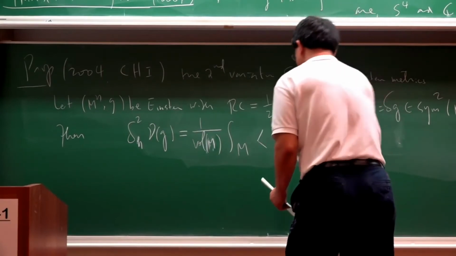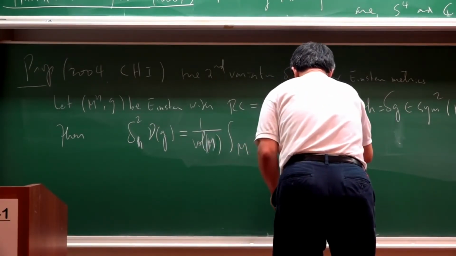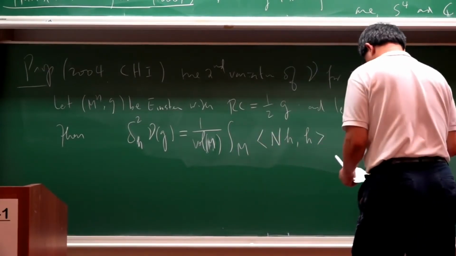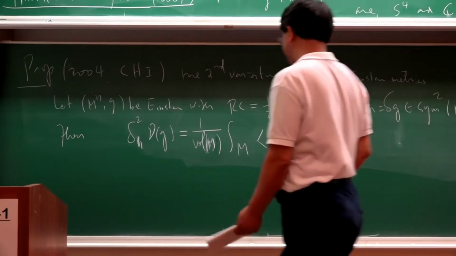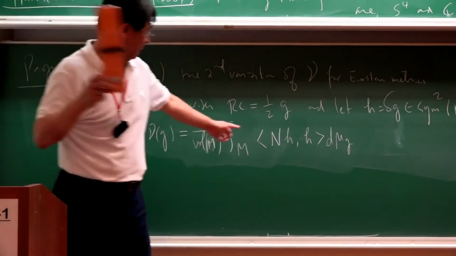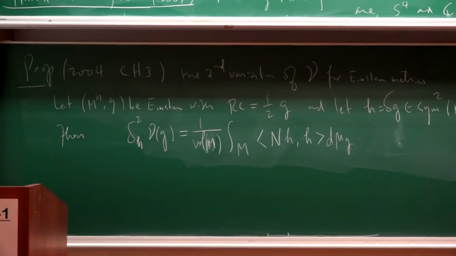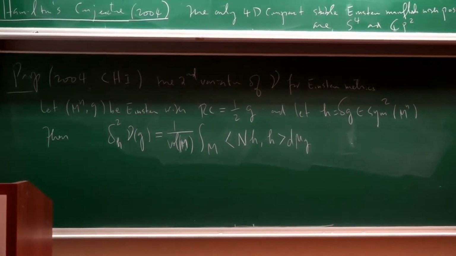And we call it the operator N acting on h, a second order operator, dμ of g. Now, the Jacobi operator is going to be, so let me copy it down here.